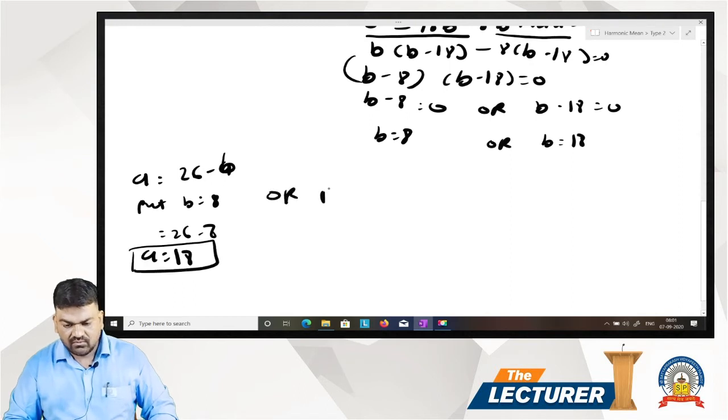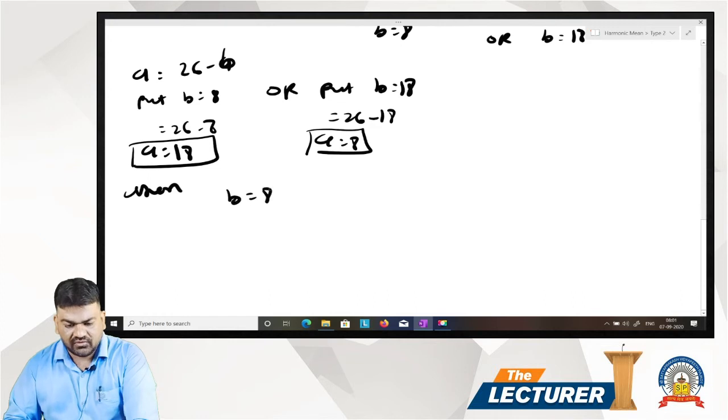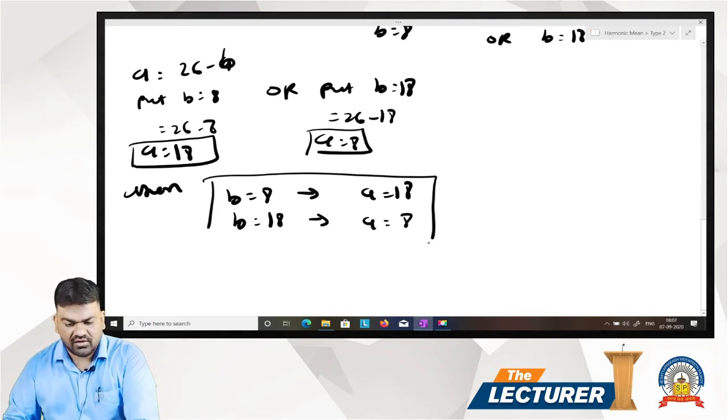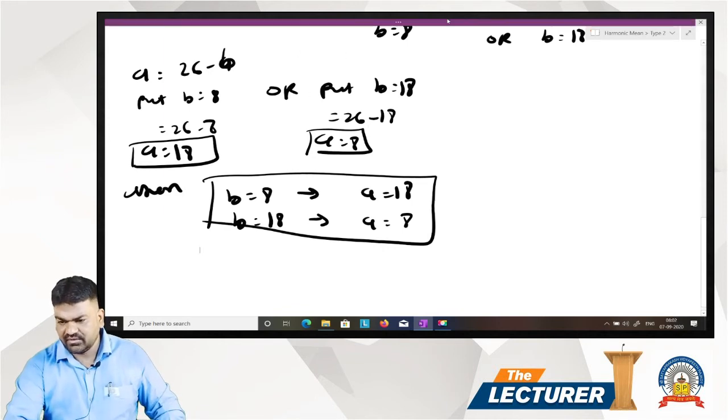Or put B is equal to 18: 26 minus 18, A is equal to 8. So when B is equal to 8, then A is equal to 18, or B is equal to 18, then A is equal to 8. This is your answer. Now here our type is completed. Next, type 3.